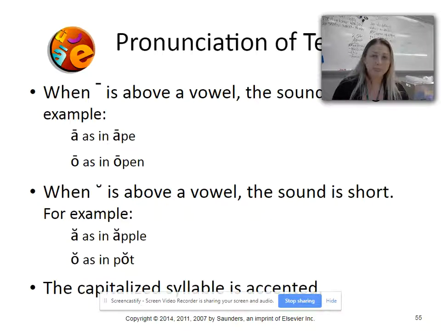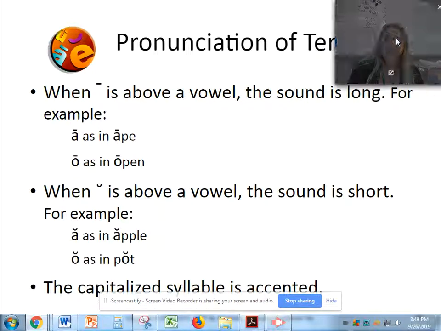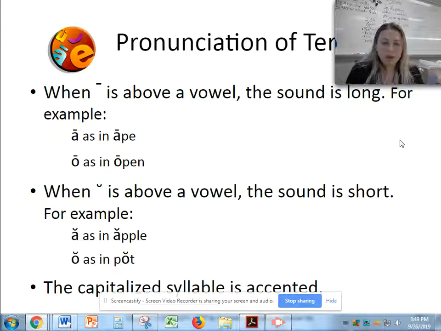A lot of you are really worried with how you're pronouncing words. Are you pronouncing it correctly? A lot of times it's tomato, tomato. But in general, you're going to see this line if the sound is long, like ape or open.